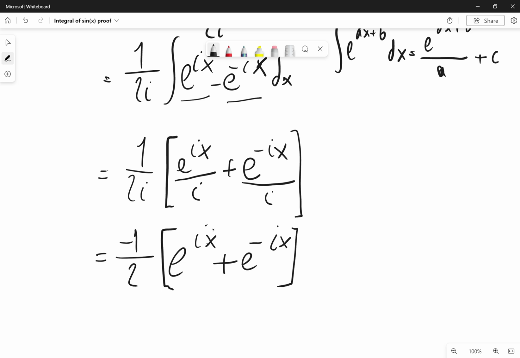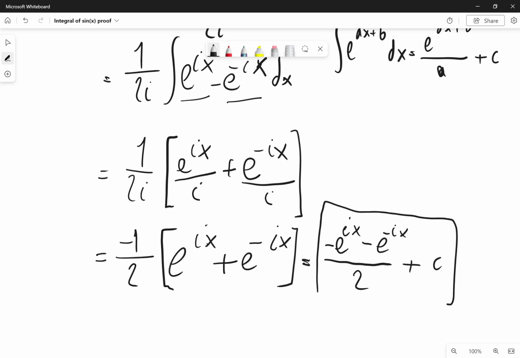Let's distribute the negative and the 1 over 2. So we end up with negative e to the ix minus e to the negative ix divided by 2. And of course, let's not forget about the plus c at the end. So this is the result of our integration of sine x using complex numbers.